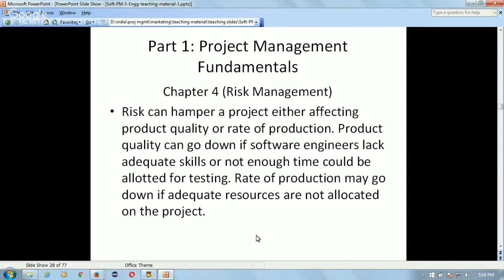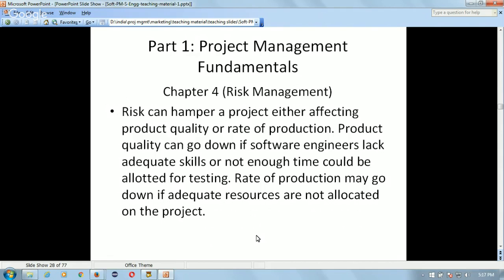Suppose the average rate of software development is say 20 lines of source code per day, but due to some problems on certain days, this rate could not be achieved due to some risk which happened. So these are two things which can get affected due to any risk which can occur on a project.